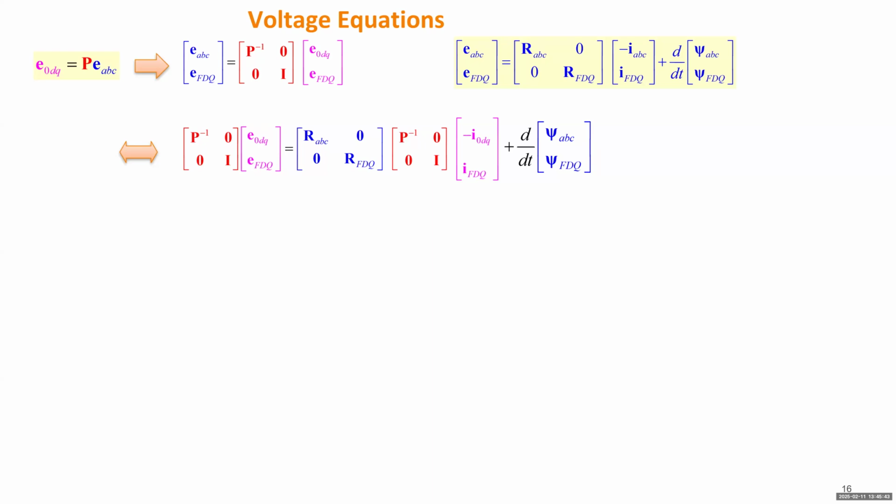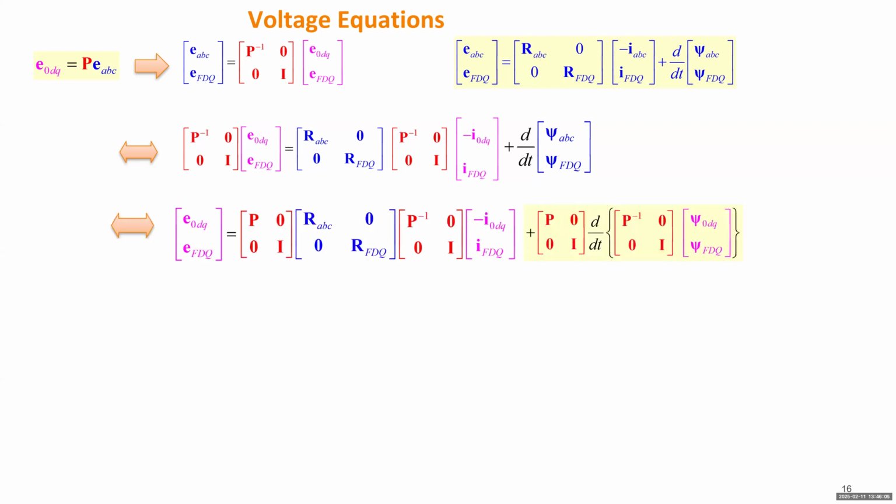For this equation, we do the same step by multiplying both sides by the inverse of this transformation, which will be P inverse multiplying the left-hand side on both sides. So the left-hand side will be the new voltage vector. So it will be something like this. Okay, so we have a new voltage vector here, which is in pink, and we have a new current vector.